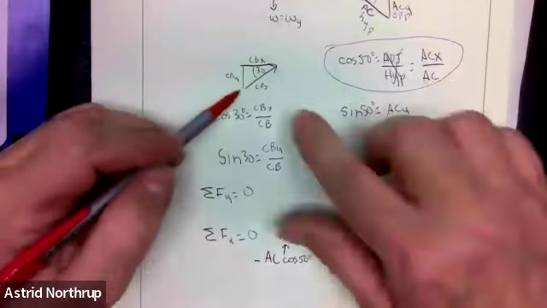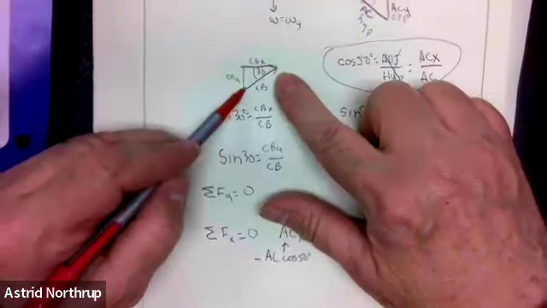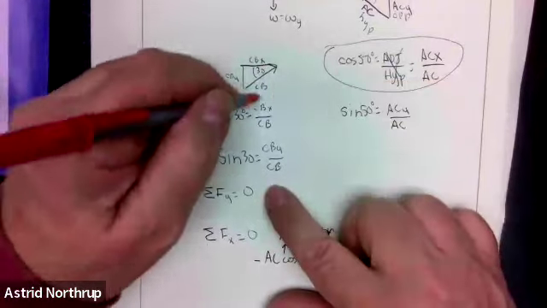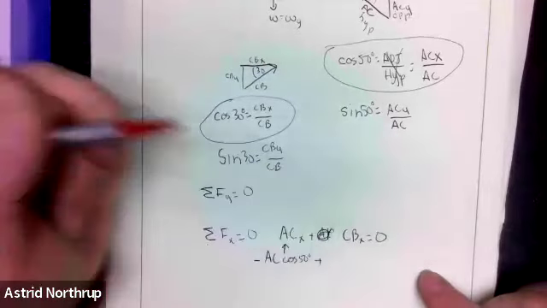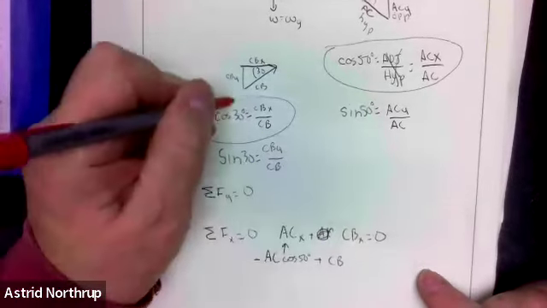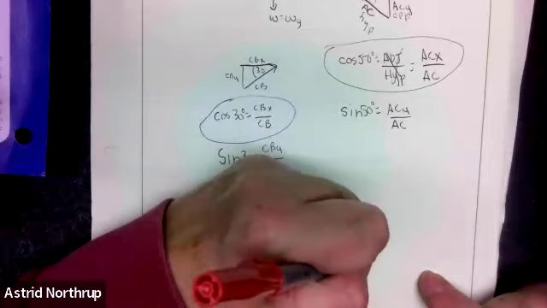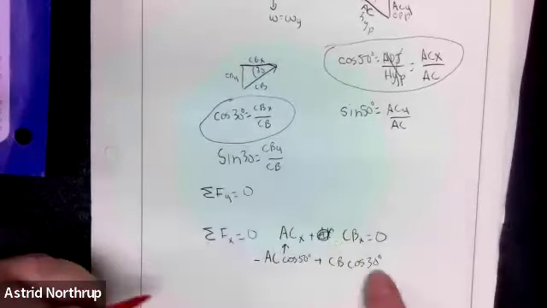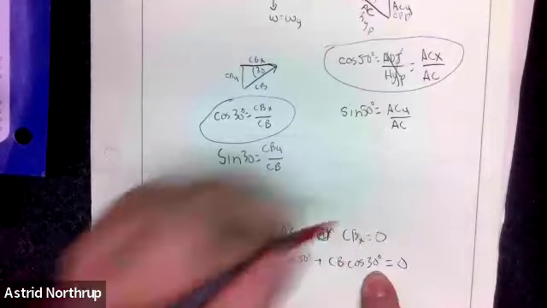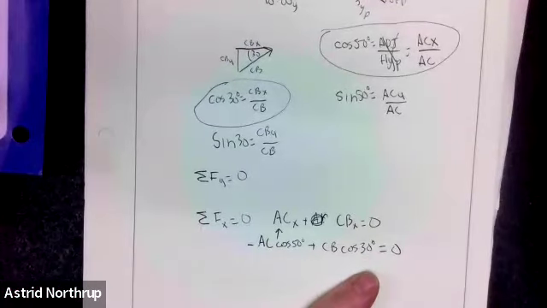CB in the X direction is positive because it points to the right. I can say plus CB times the cosine of 30 degrees in the x direction. Those are the only two x directional forces, so that equals 0.